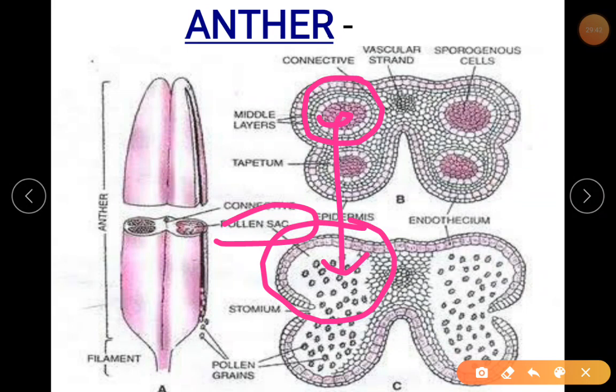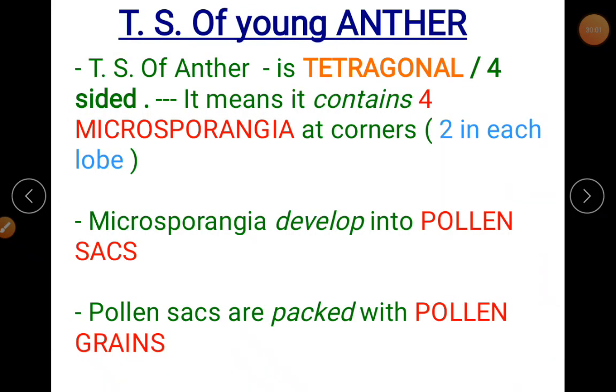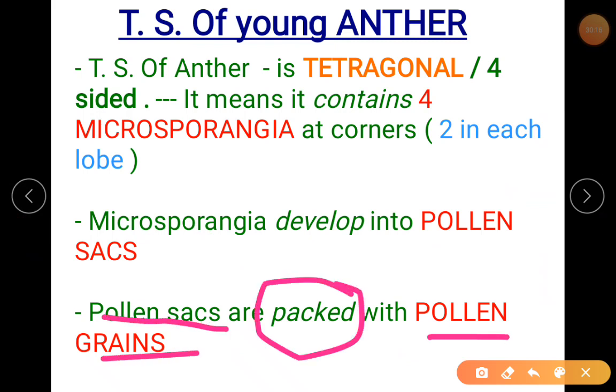Remember, the theca means the wall layer cells are there. They are still present, you can observe here. And the endothecium is thin over here, that's why it splits to release the pollen grains outside. So it's clear now. The microsporangium, the pink region, has matured into pollen sacs, and pollen sacs are packed with pollen grains.